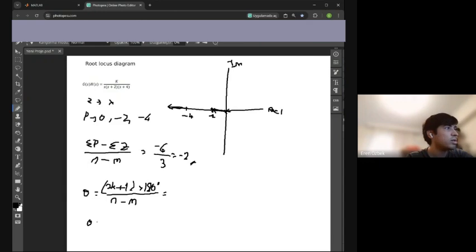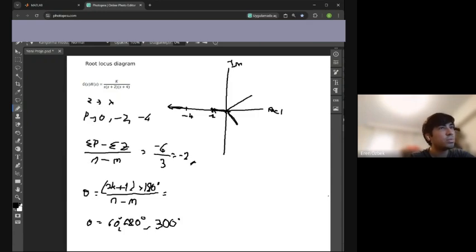Our angles are 60 degrees, 180 degrees, and 300 degrees. Something like this, this and this. And this shows the directions in which the branches go to infinity.